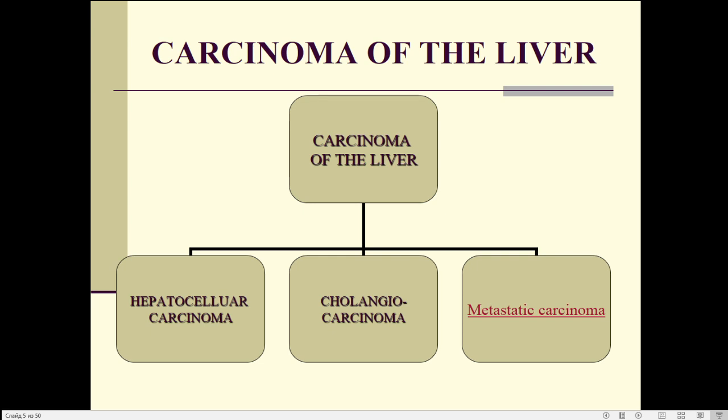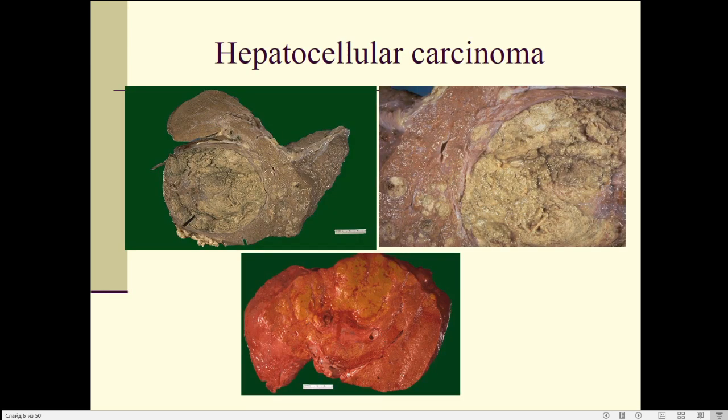Primary cancer of the liver is divided into two types: hepatocellular carcinoma and cholangiocarcinoma. Hepatocellular carcinoma. What histological type? Hepatocellular carcinoma. You see the image after removal of the tumor of the liver.